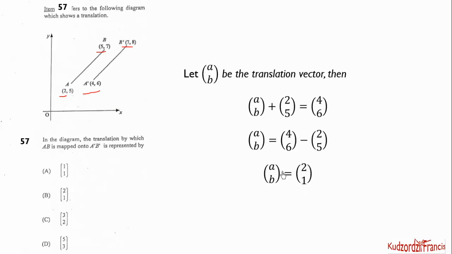By equality of vectors, we know A is equal to 2 and B is equal to 1. So the vector that is applied, the translation by which AB is mapped onto A prime B prime, is 2, 1, which is option B. Now you can check by adding 2 to 5, which will give you 7, and 1 to 7, which will give you 8. So our answer is correct.